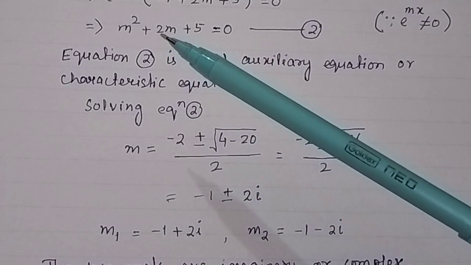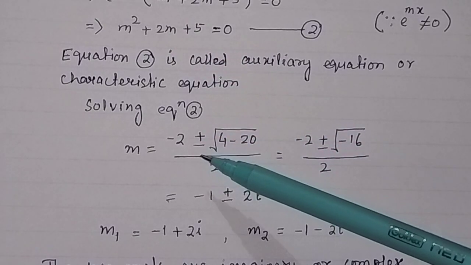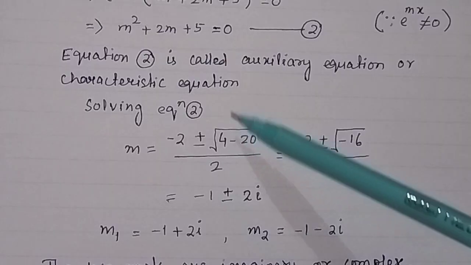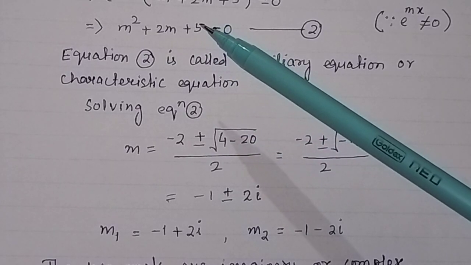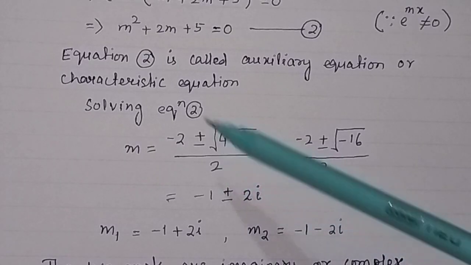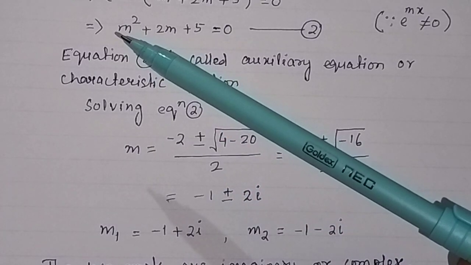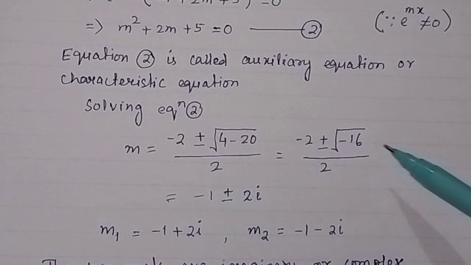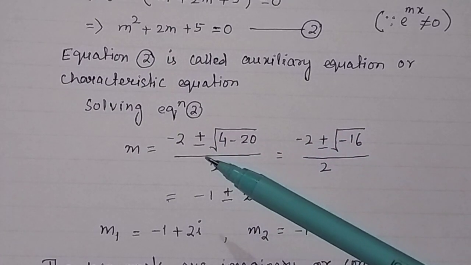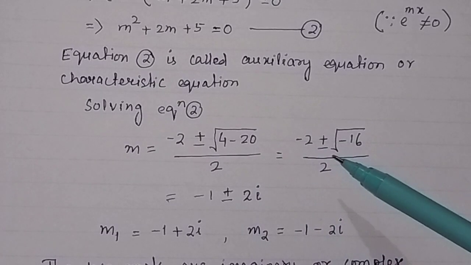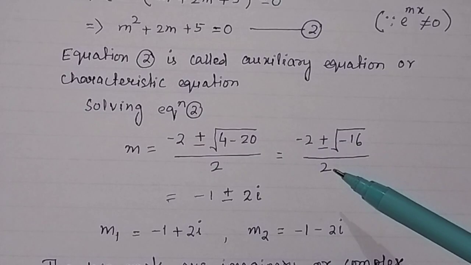So minus b means minus 2, plus minus square root of b square, that is 2 square, which is 4, minus 4ac, 4 into 5, that is 20, divided by 2a. Here the coefficient a is 1, so 2a is 2. So that equals minus 2 plus minus square root of 4 minus 20, that is minus 16, divided by 2.